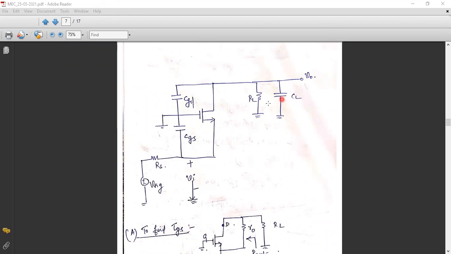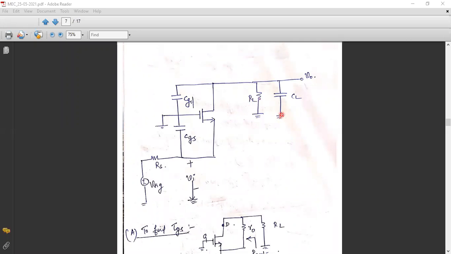And if you are considering CL, I should not consider CGD, CGS, and VSIG. So just by considering CL, and looking into the CL terminal, the resistance that I am finding is RL, which is connected across the drain and ground. But across the drain and ground, we have R out also, because R out is the output terminal.